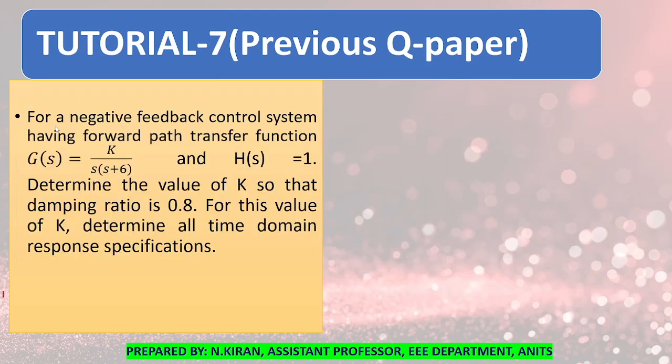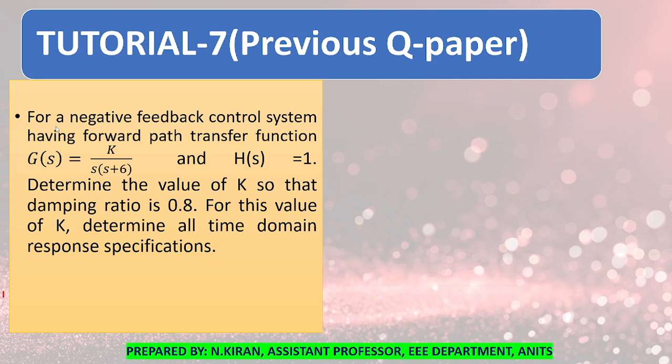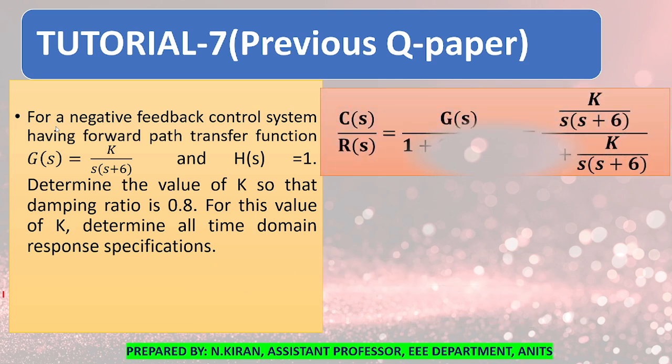So the next tutorial, given that for negative feedback, g of s is k by s into s plus 6 and h of s is equal to 1. Determine the value of k such that damping ratio is 0.8, and for this value of k we need to find all the time domain specifications. So first let us find the overall transfer function, that is g of s by 1 plus g of s into h of s.